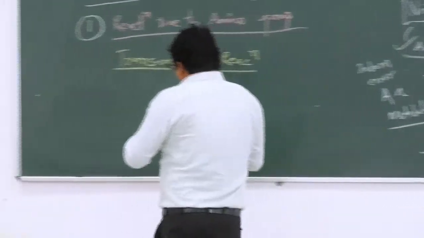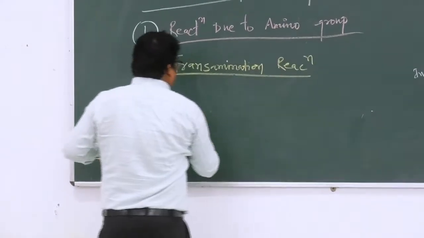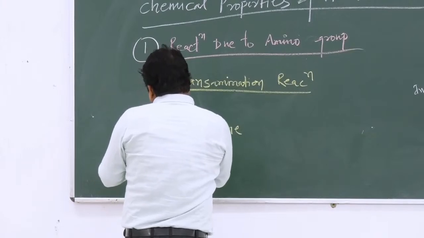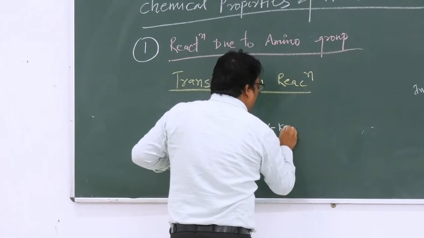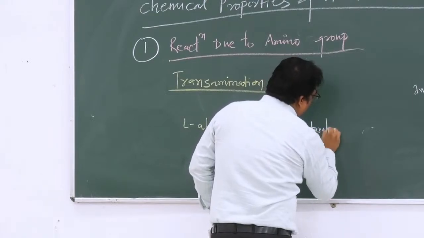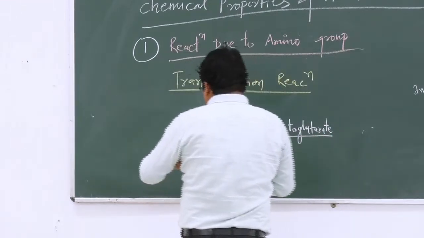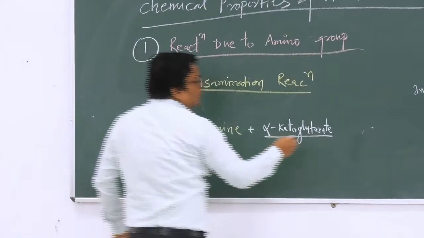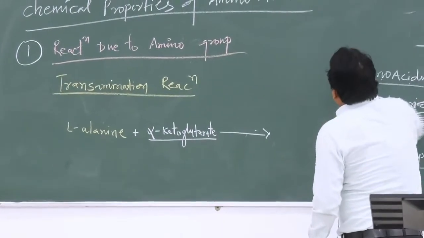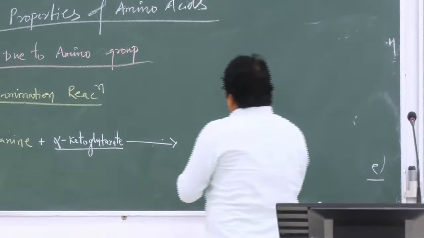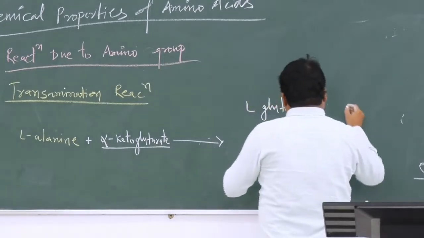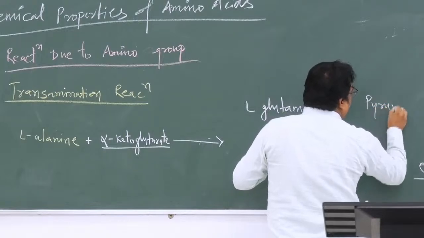Transamination reaction. In such reactions, the amino group is transferred to a keto acid by a simple reaction: alanine plus alpha ketoglutarate gives the formation of glutamate plus pyruvate.